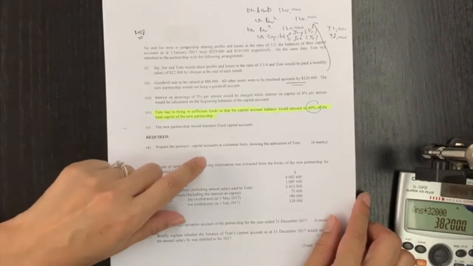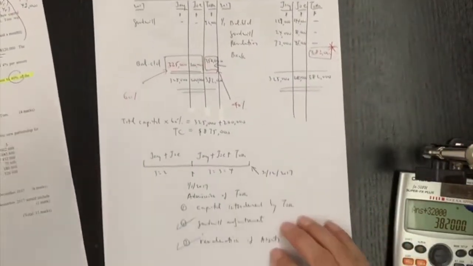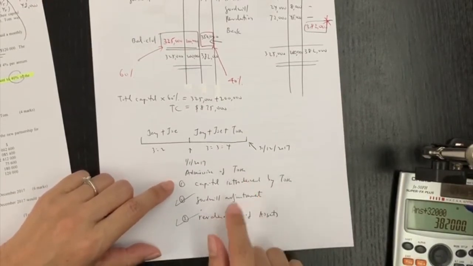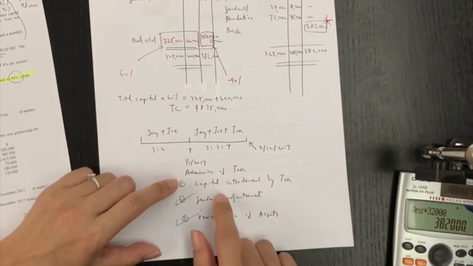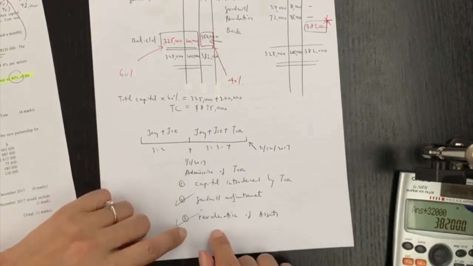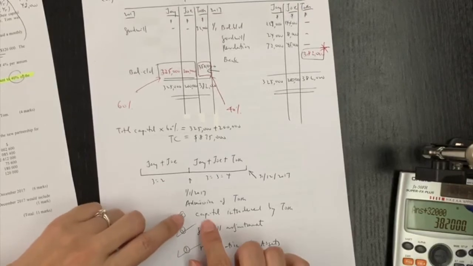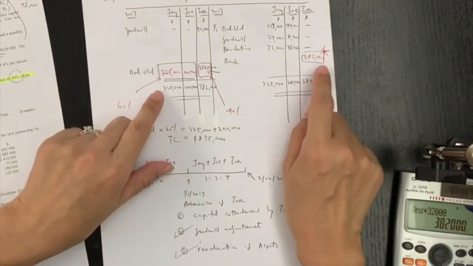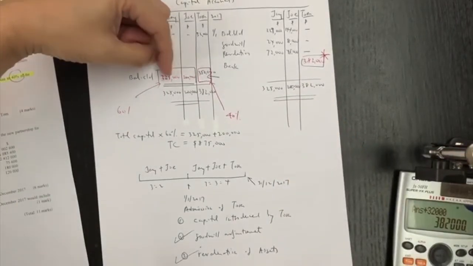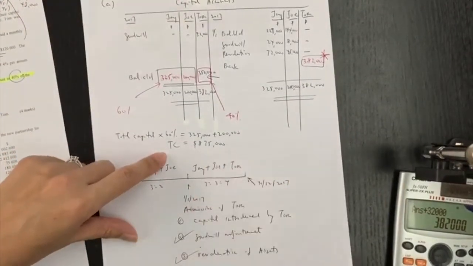To remember this, you just look at the timeline here. For admission, always remember we have 3 things to do: capital introduced, goodwill adjustments, and revaluation of assets. And for capital introduced, this is a very special point, and we need to do some mathematics and calculation here.